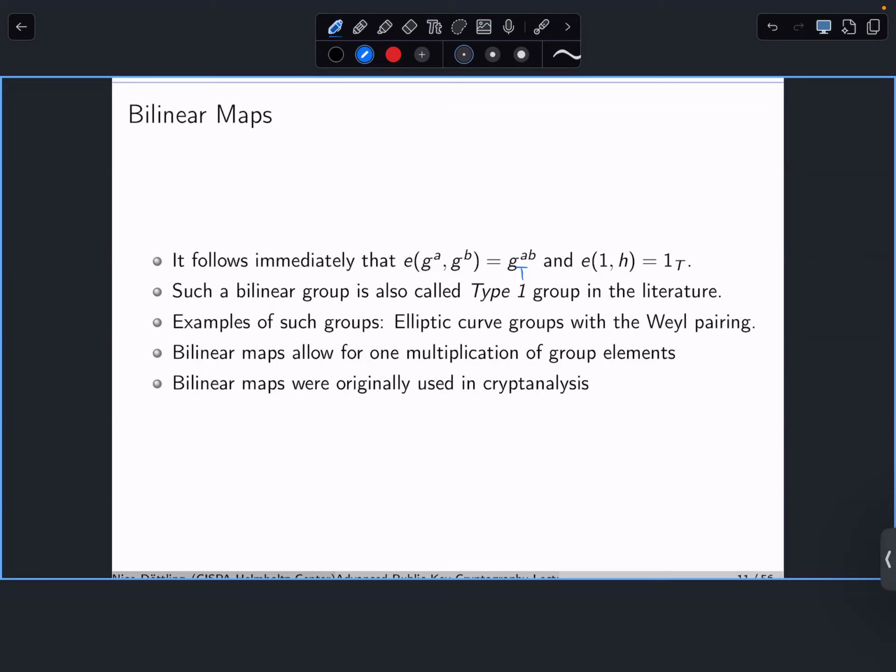Good. And really, in the literature, until, let's say, a few years ago, we only had two examples. They're pretty much the same, namely elliptic curve groups with the Weil pairing and with the Tate pairing, right? These are, let's say, two rational maps that can be computed on these algebraic curves that give us such a pairing operation.